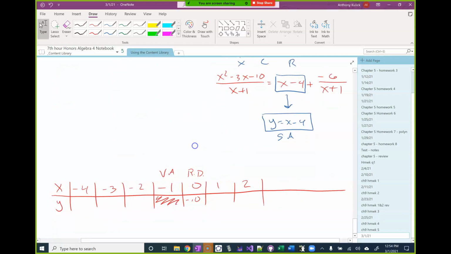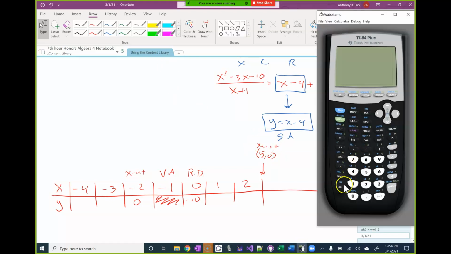Negative 2 was an x-intercept. Let me label that. And then these other ones, let's go find out the values for. It's worth pointing out here also that 5, 0 is another x-intercept out here. See if we can get a decent looking picture out of this. This is usually the most challenging one to get a decent picture of, doing what we'd normally expect.